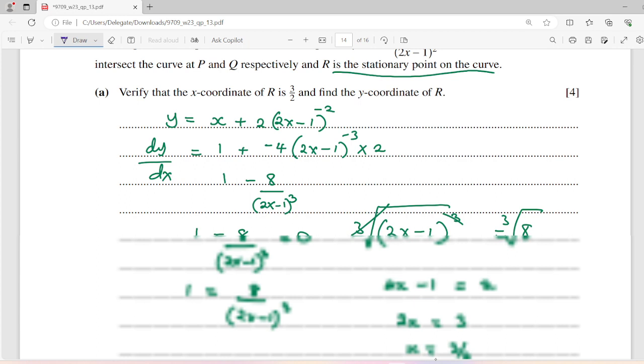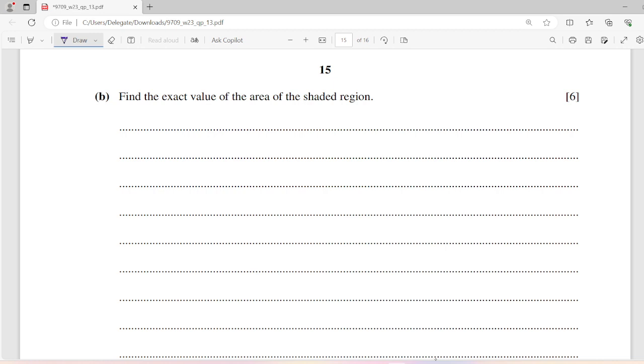So I'm going to say the shaded region is the area of a trapezium minus the area under a curve. So how do we get the area of the trapezium?